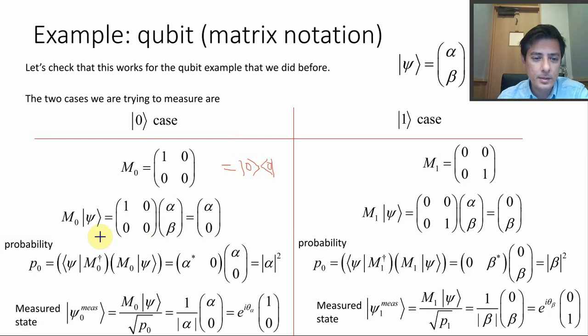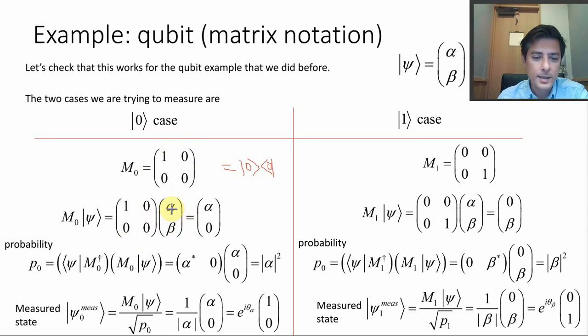Okay, so how it works is that we've got to work out this m0 times the state. Our state written in vector notation, in terms of the components, is alpha and beta. So we just multiply this matrix with this vector.